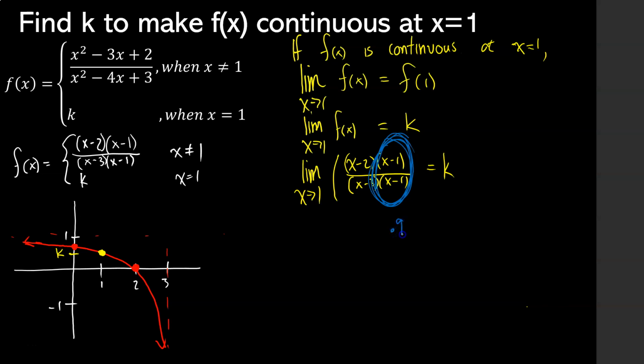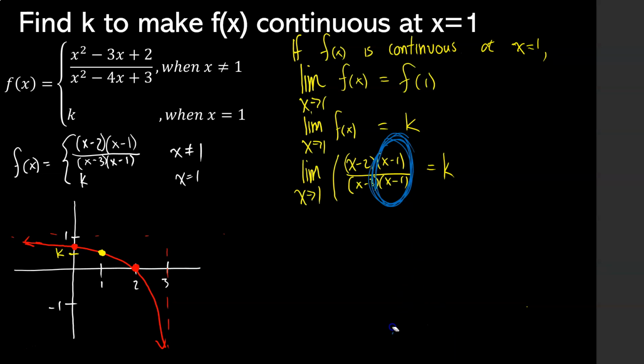If we use 0.9 minus 1 over 0.9 minus 1, that's a number over itself, equal to 1. 0.99, same thing. We could even choose 1.1, and we get 1 again. So really, those x minus 1s don't matter. We can ignore them.